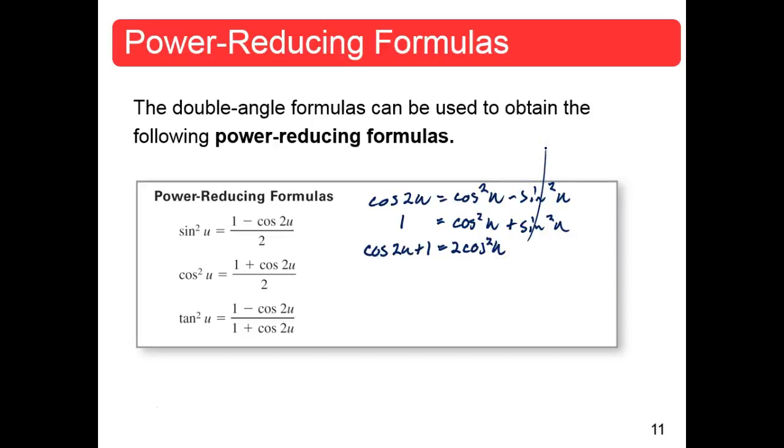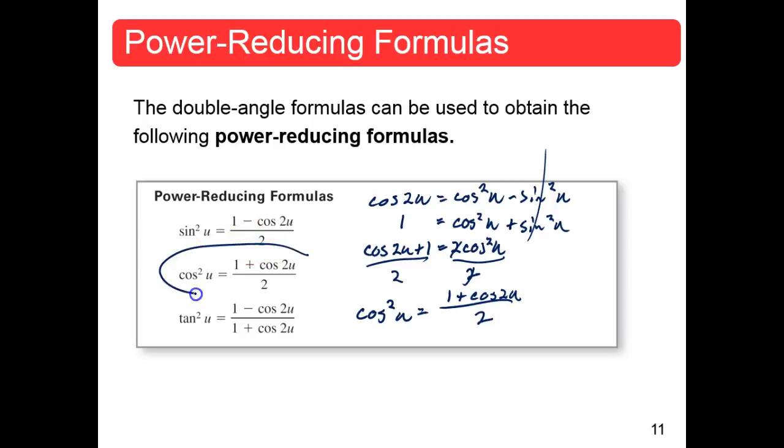Now let's divide both sides by 2, and that gives us that cosine squared u, a square term, is equal to, and they reverse the order, 1 plus cosine 2u over 2.